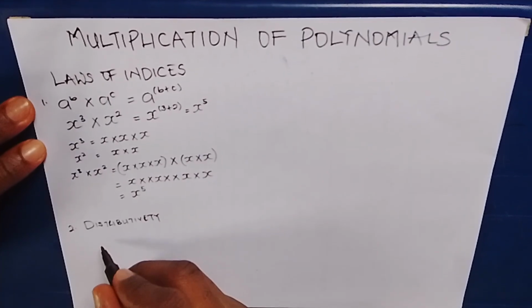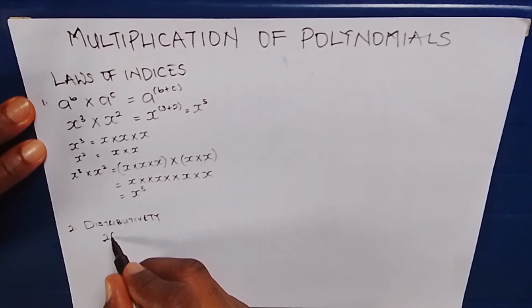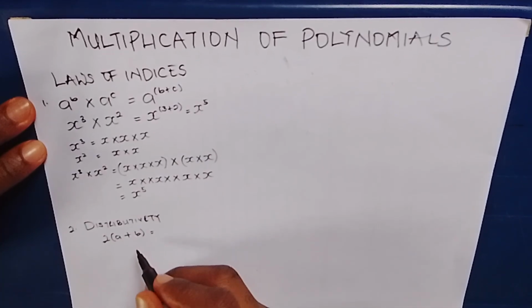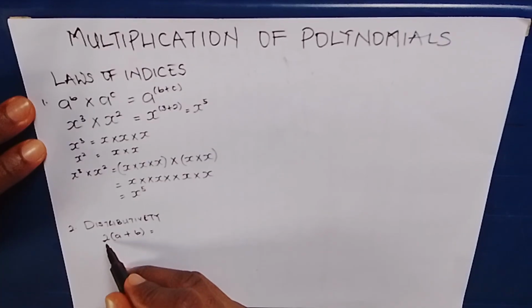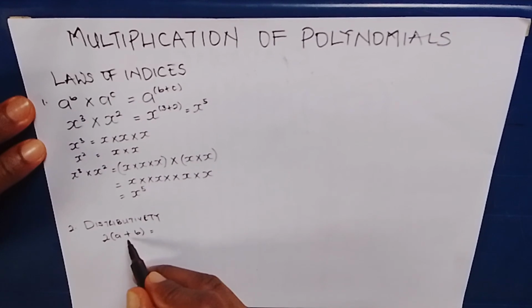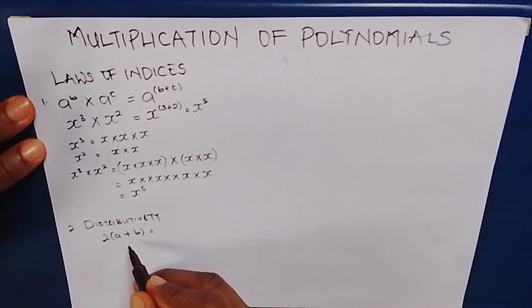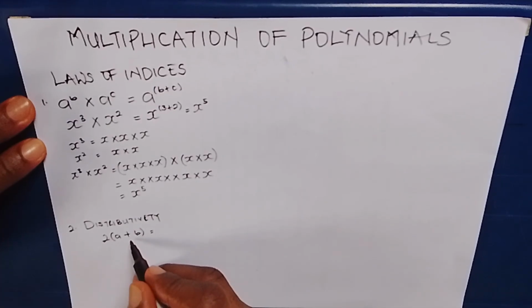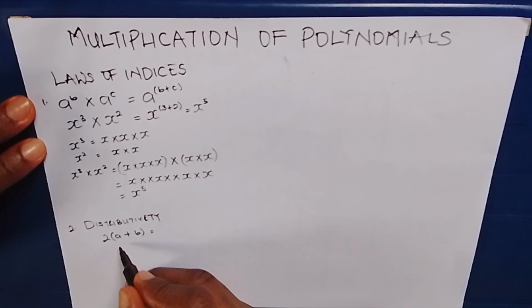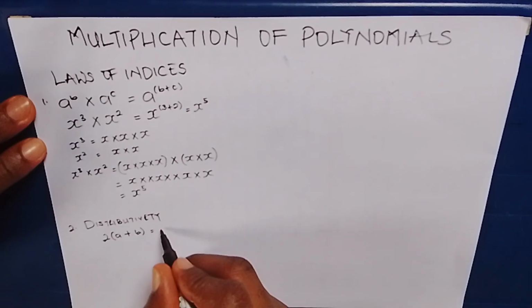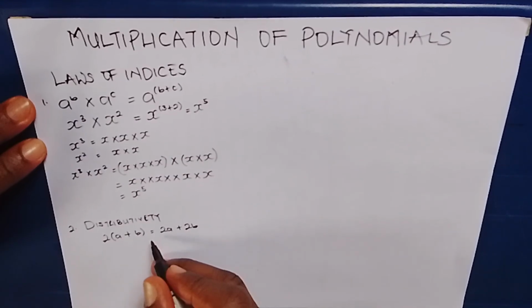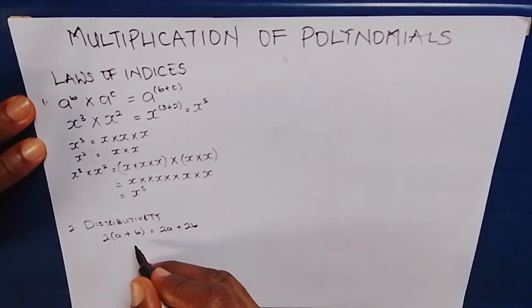Now, if you are given, say, 2 times (2a plus b)... because multiplication is distributive, you are finding the product of this number 2 and the expression in this bracket. This 2 will go into this expression and multiply every term, every element in this expression. So that becomes 2a plus 2b. This 2 is distributed amongst every member of this expression.